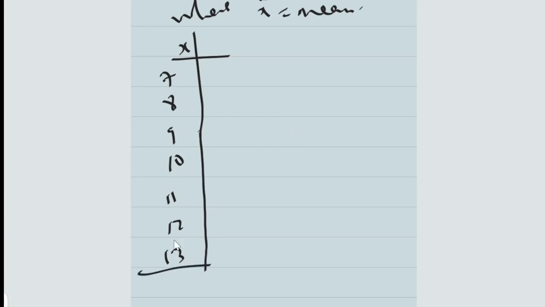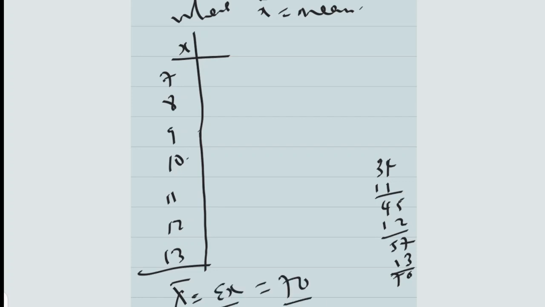You know the mean will be the sum of these numbers divided by n. 7 plus 8 is 15. 15 plus 9 is 24. Plus 10 is 34. 34 plus 11 is 45, plus 12 is 57. And 57 plus 13 will give me 70. So then our x bar will be summation x divided by n, that is 70 divided by how many of the numbers? 1, 2, 3, 4, 5, 6, 7. So that is 7. It means my mean is 10.